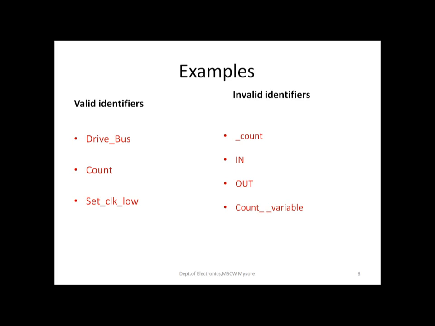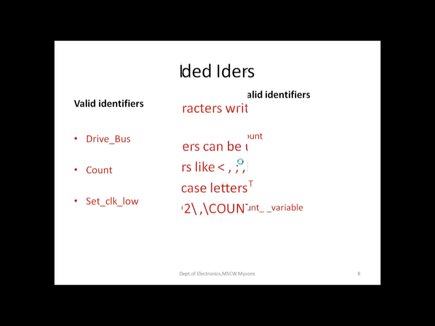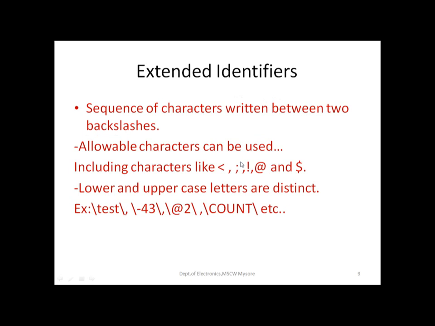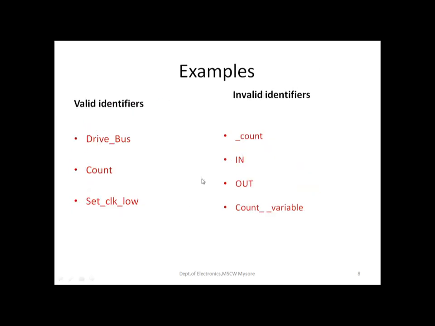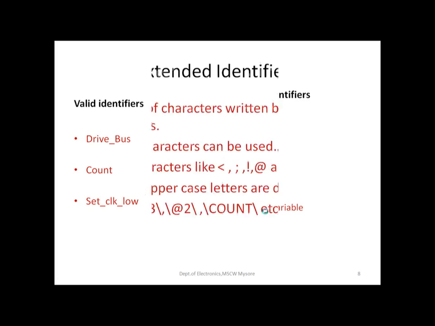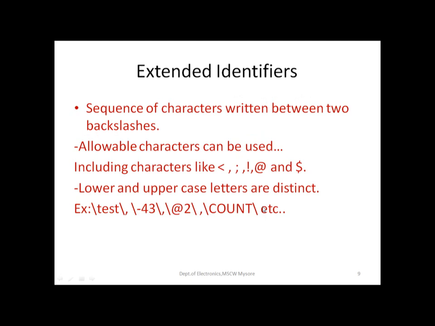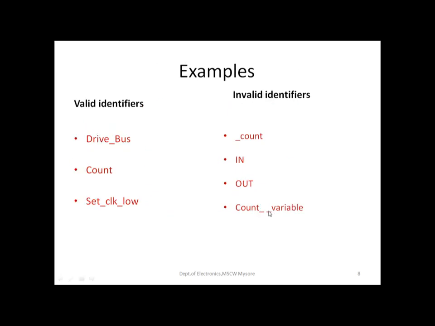They are built in, that means they are designed by the manufacturer. They are called the keywords. You cannot use a keyword as an identifier. And another invalid one is this one: 2 underscore characters cannot be used consecutively.